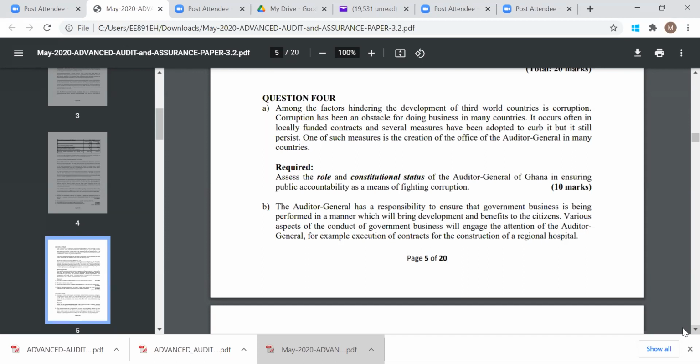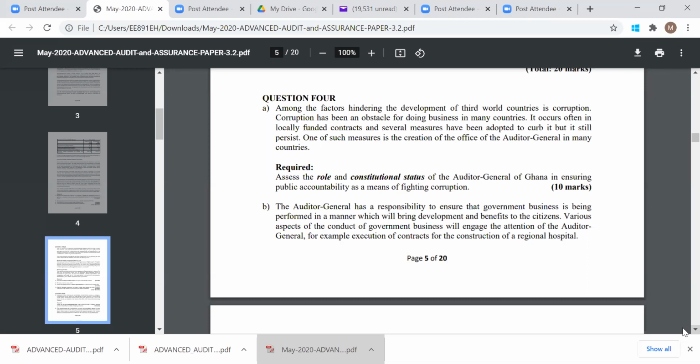Then it talks about the constitutional status. The Auditor General is the head of the Ghana Audit Service. You should know that the Audit Service was established under the 1992 Constitution. It's constitutional.